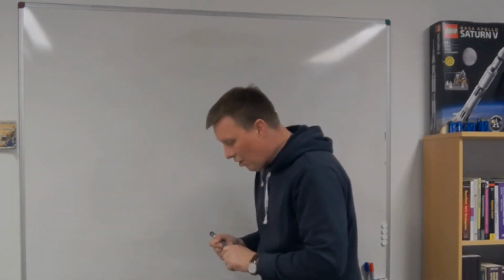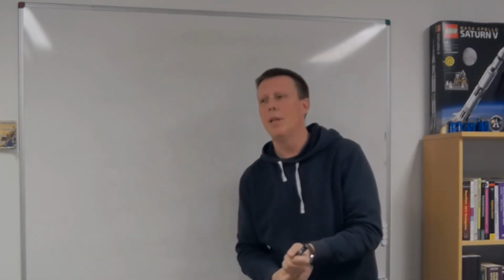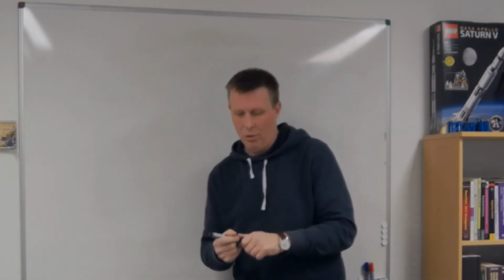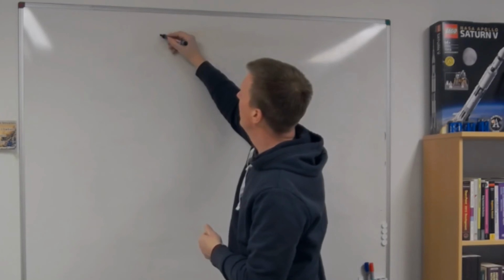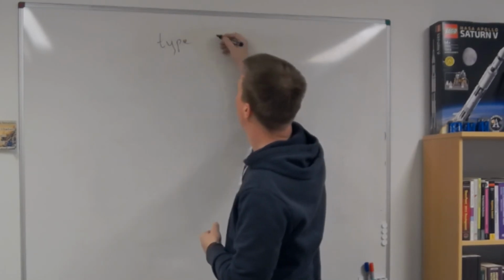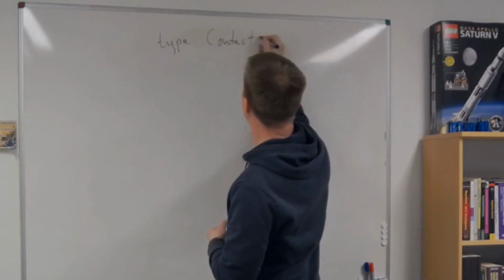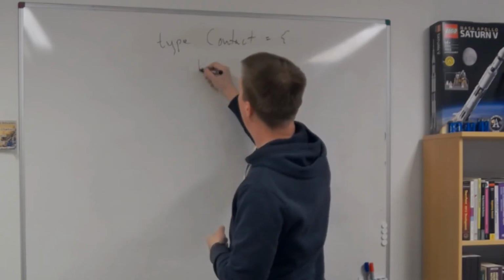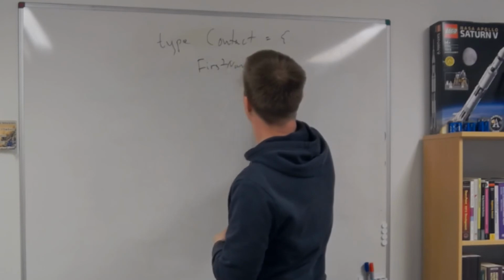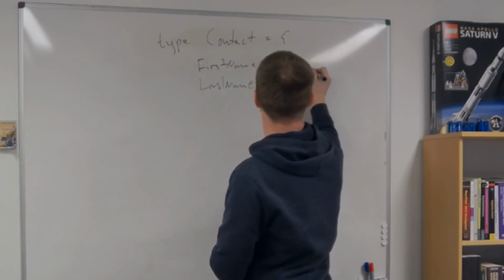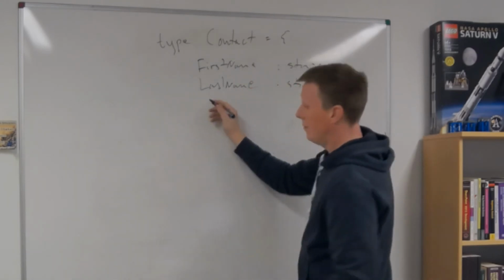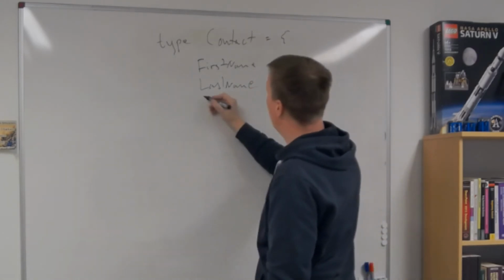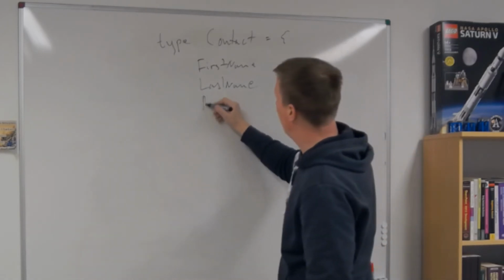So when I said try to make invalid state unrepresentable, let's have a quick look at an example. Yesterday we did a type contact, and we had a first name and a last name, string, and then we could actually add something like, well, some people have a middle name.